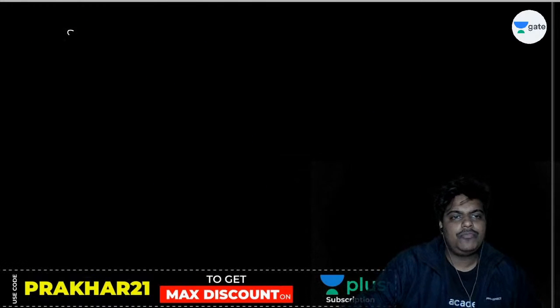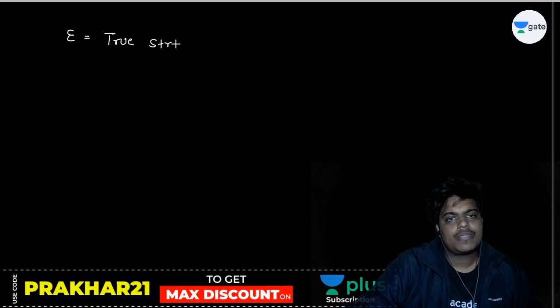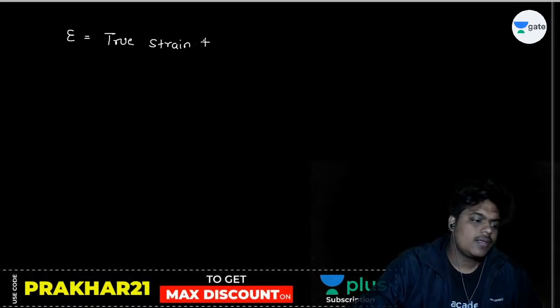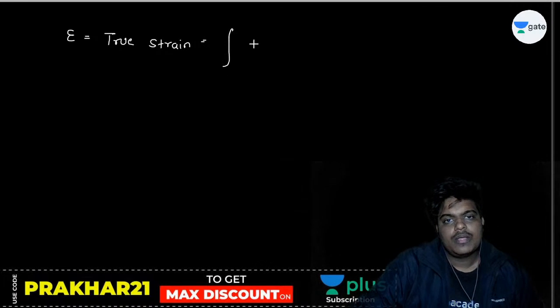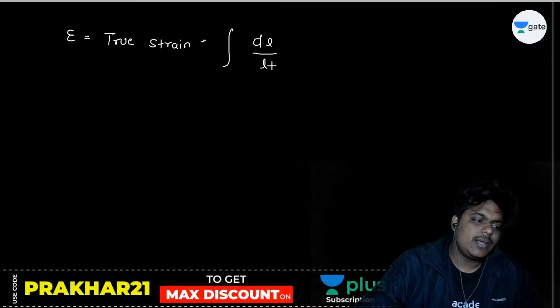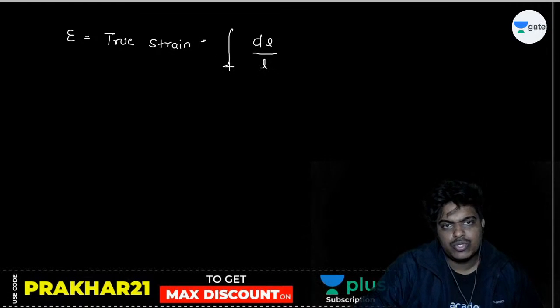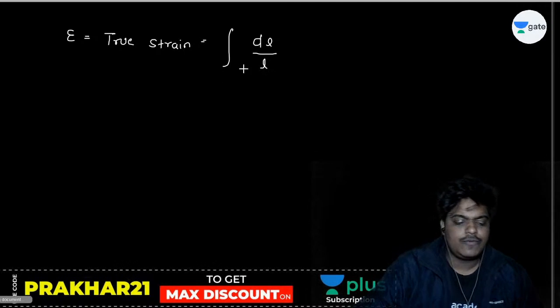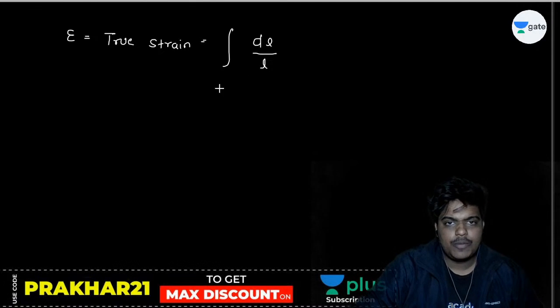Now what is the value of epsilon? That is nothing but true strain. तो देखो, change in length upon original length is something that your basic definition of strain says.